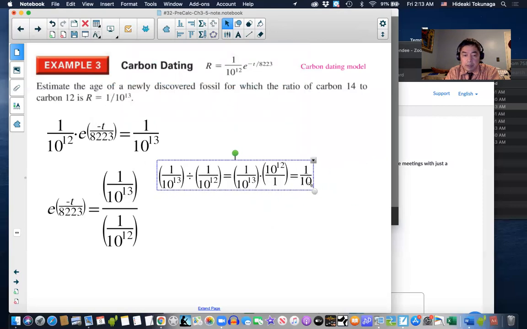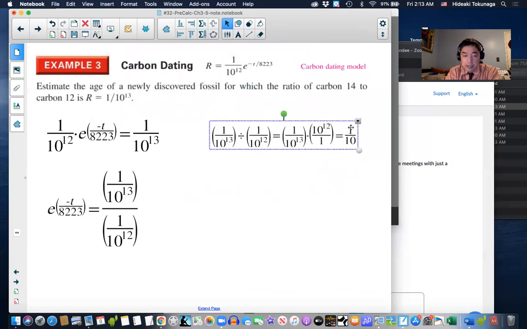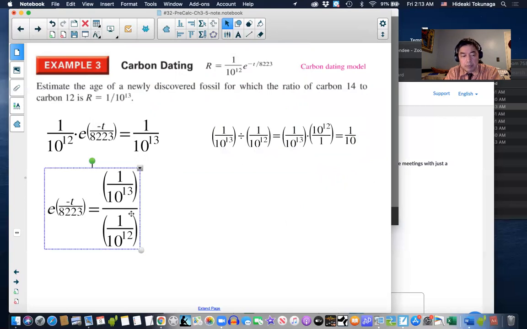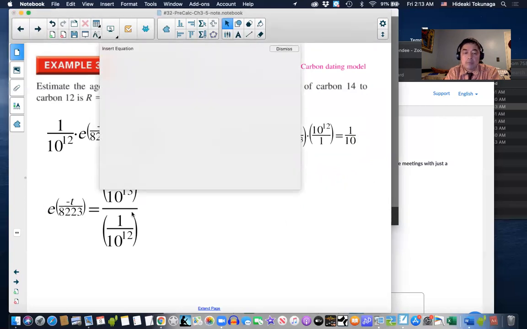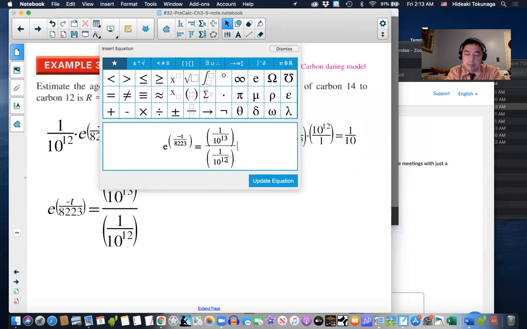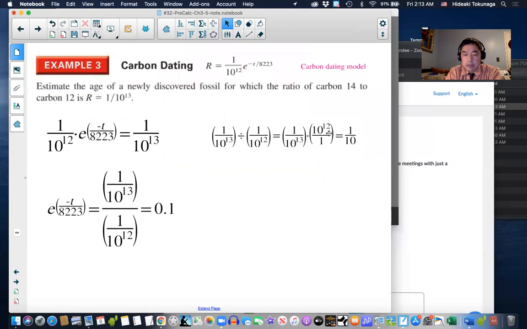So this is on the side equation, and we come up with 0.1 here, which is 1/10.